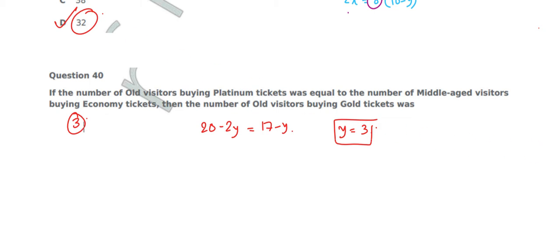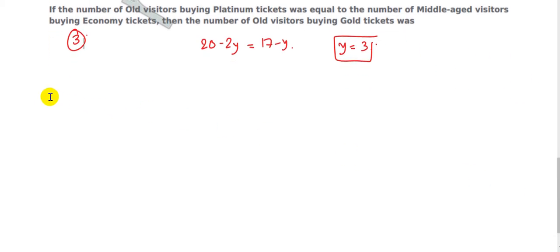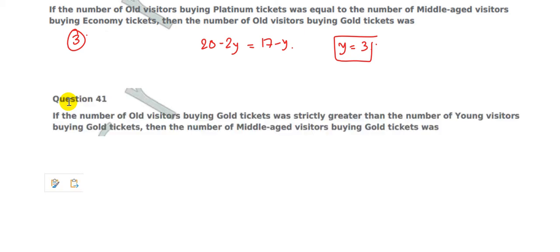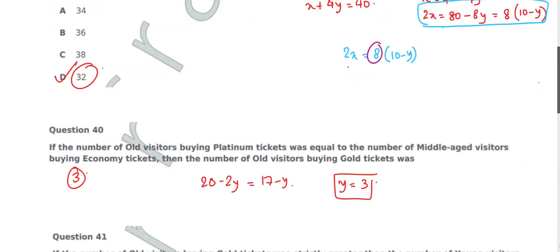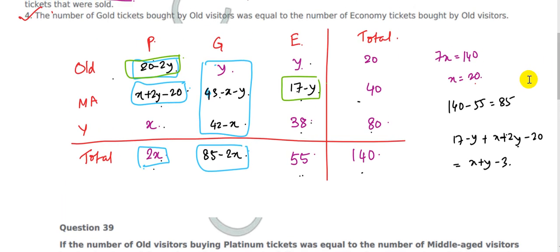Next one. If the number of old visitors buying gold tickets was strictly greater than the number of young visitors buying gold tickets, so old gold greater than young gold, then the number of middle-aged visitors buying gold tickets was what? Look at the table again.